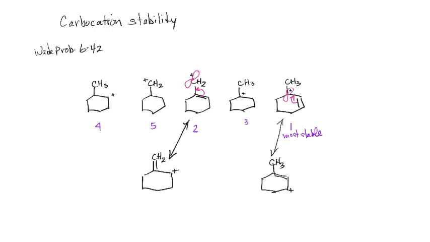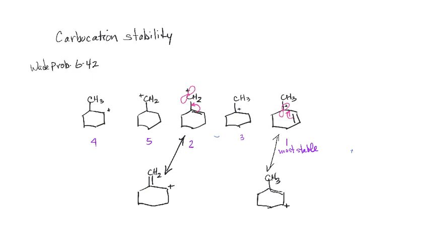But wait, there's more concepts that we can use here, because something to learn about carbocations is that they're rearrangeable. So in this position I have an H, and so I should consider that I can actually move that H. That can migrate out here to this carbon.